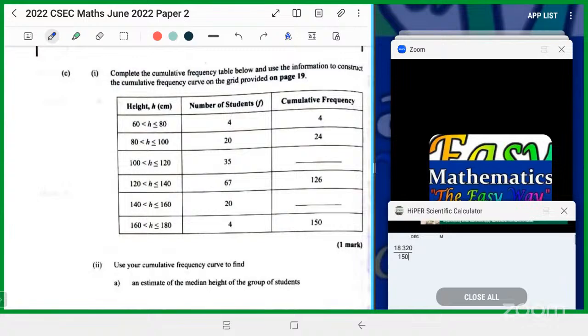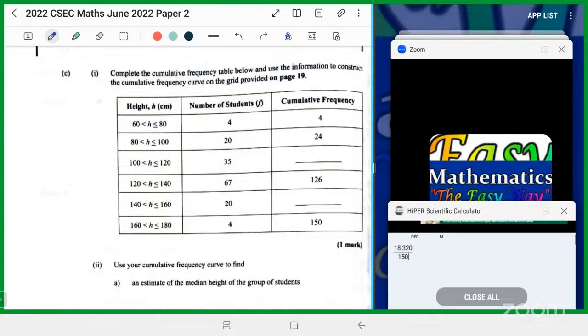This one just wants us to go from table to curve, which is the easier, standard way. In recent times, they've been asking us to go from curve to table. So they give you a curve and you have to populate the table.